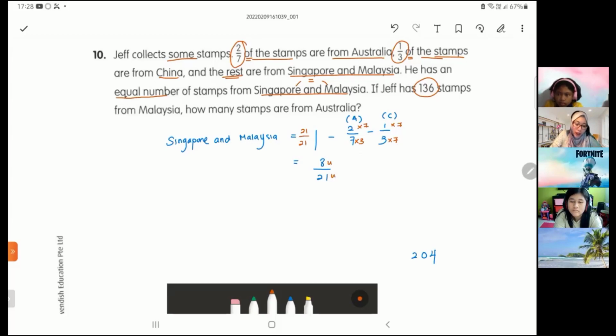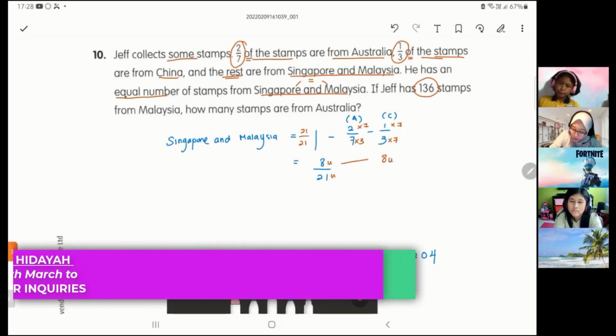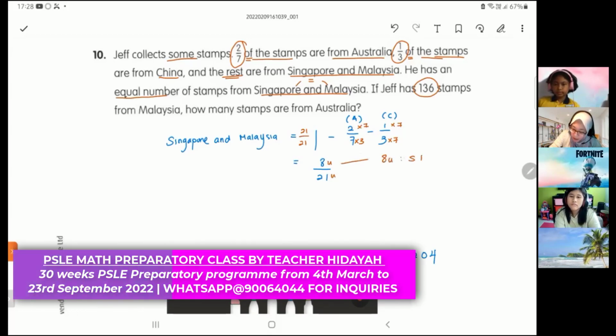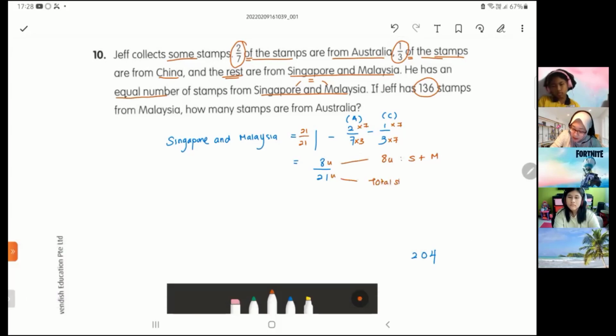So 8/21 of the stamps are from Singapore and Malaysia, which means, since they say equal number, 8 units is Singapore plus Malaysia. 21 units is my total stamps. Now I'm taking it out to use units.